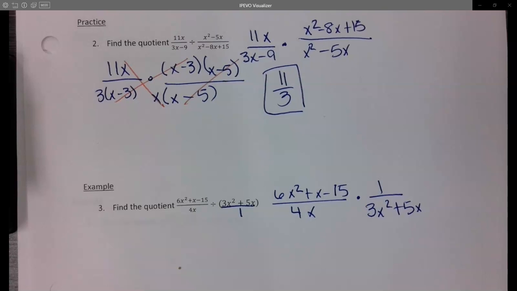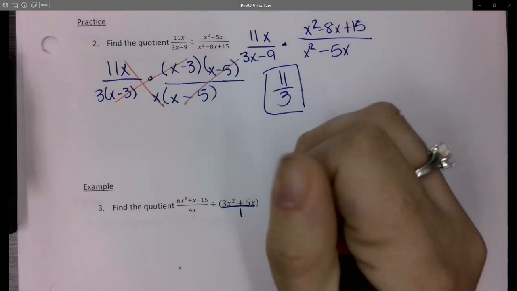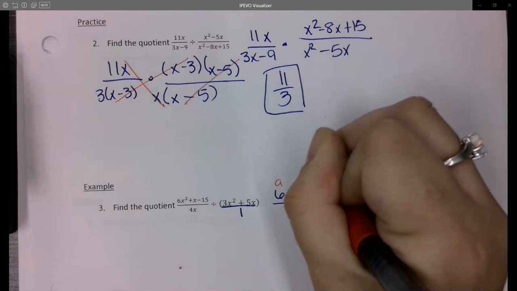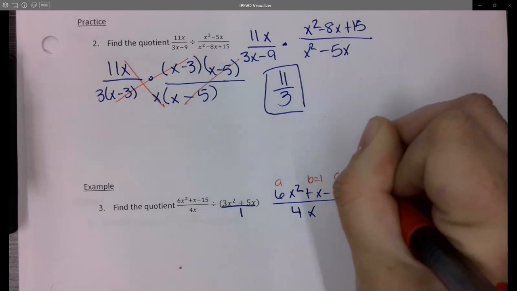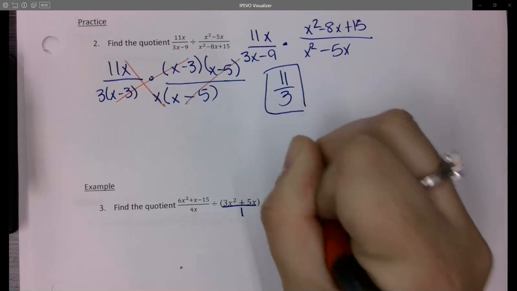Then I want to factor, but the bottom one is the nice one. The top one isn't a nice one to factor. I want to use the AC method here. So remember, A is 6, B is 1, C is negative 15.